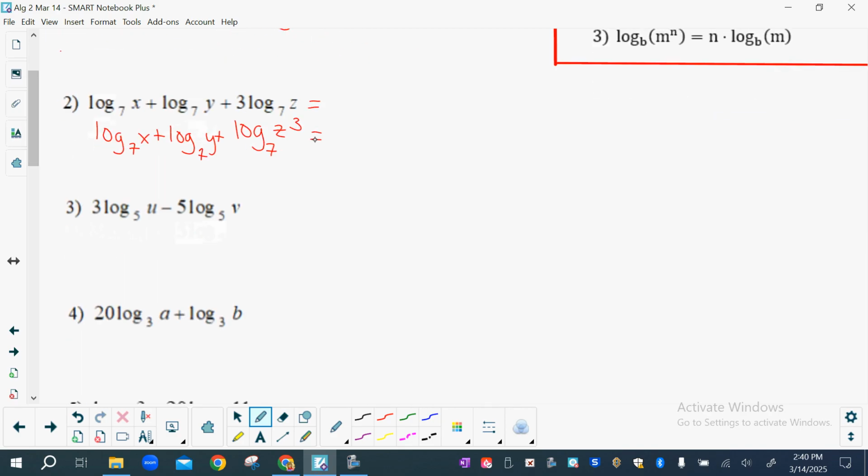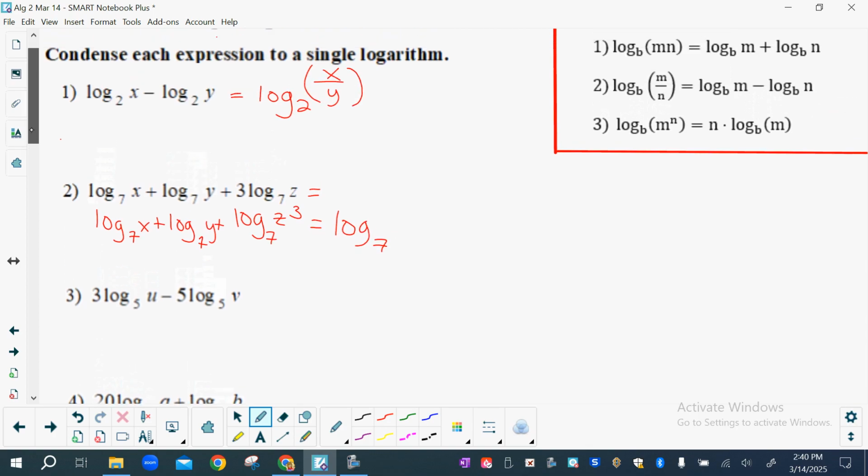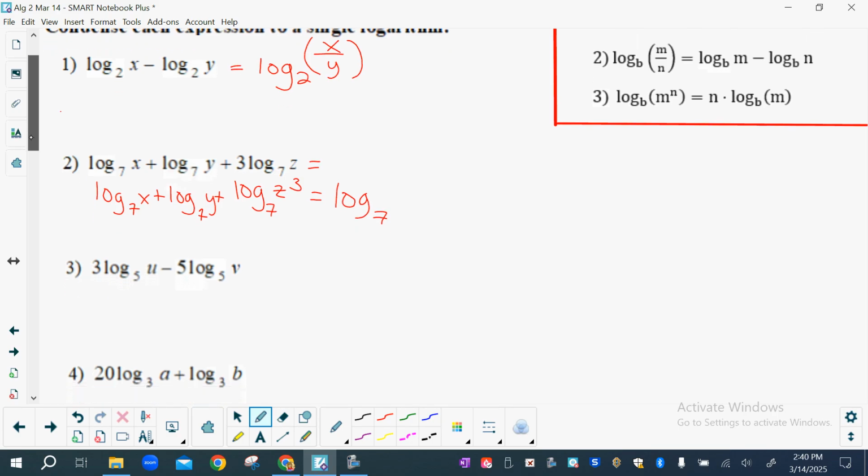So now we can write it as 1 log because there's addition. And so somebody want to take a guess as to what that would be? Can you write it in 1 log? So this is addition. So we want to write it with just 1 log, not 3.